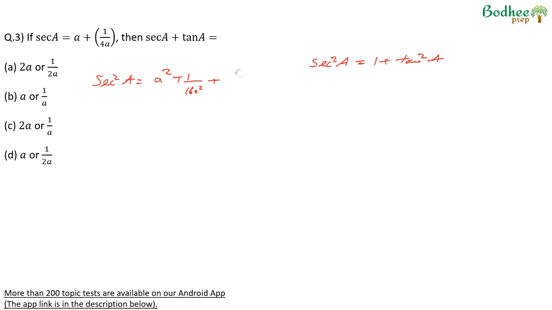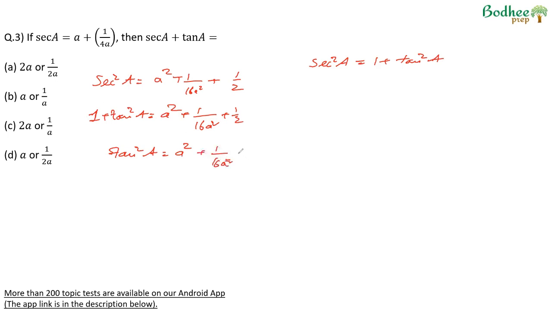A and A cancel, 1 by 2. 1 plus tan square A, this becomes 16A square. And therefore tan square A is equal to A square plus 1 by 16A square.